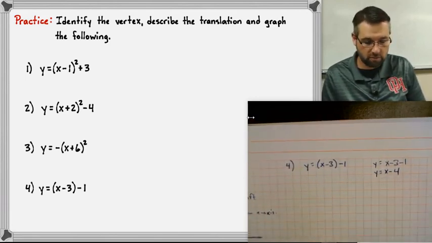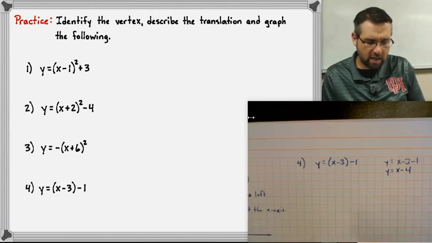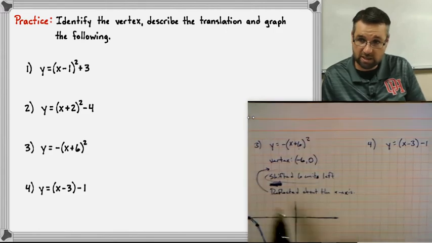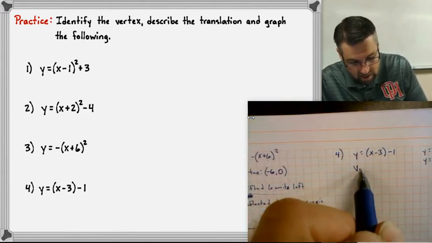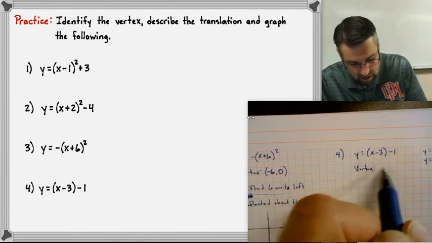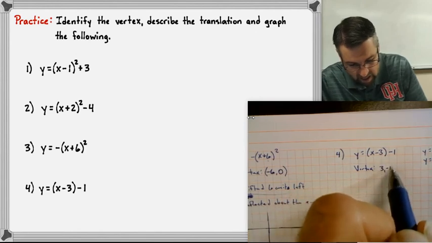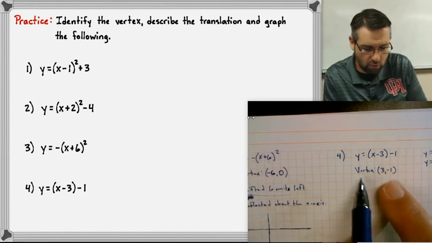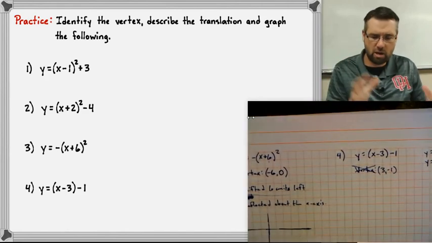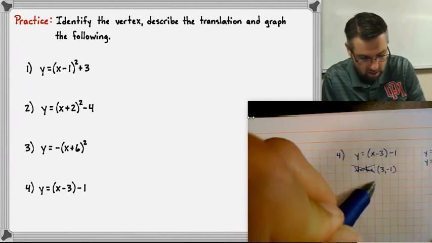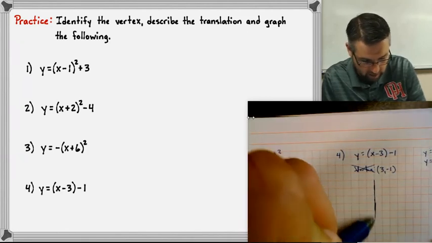That's a linear function. But let's look at it in the light of how we were dealing with parabolas so you guys can see the comparison. We would say that the vertex is positive 3, comma, negative 1. That's what we would say. Now, granted, it's not a vertex, but it's a point. It's some point on the line. It's 3, comma, negative 1, okay?